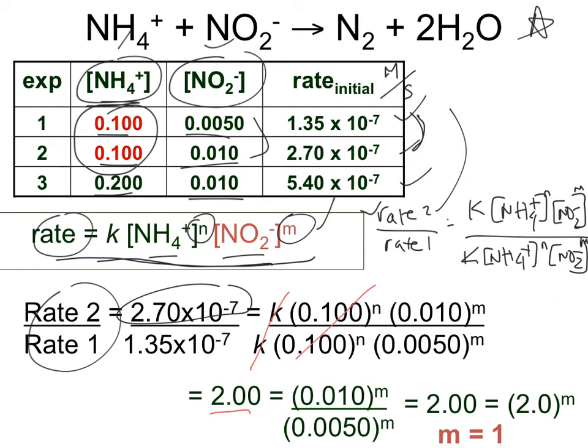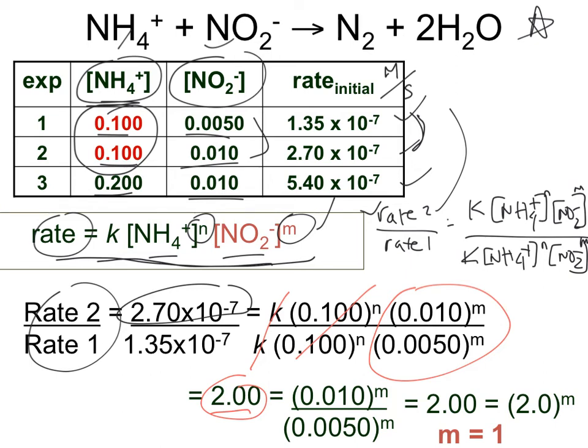Our N values and the subsequent concentrations here are also going to cancel out because they're in a one-to-one setup. So what we're left with is our 2 and our variables associated with M. Once you have that, you divide the 0.01 by the 0.005, and that gives you 2.